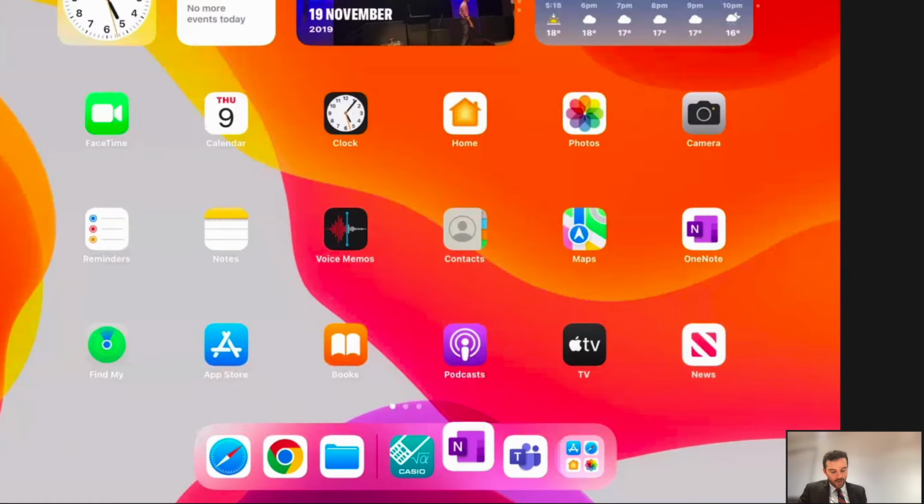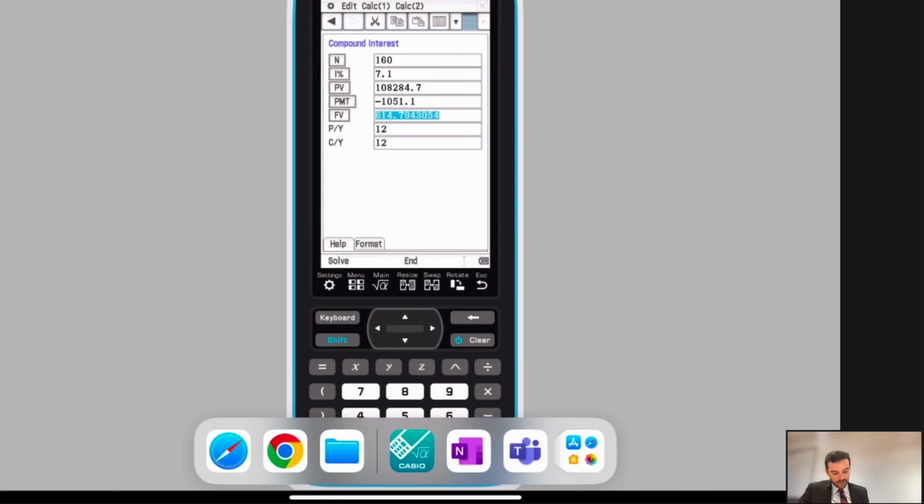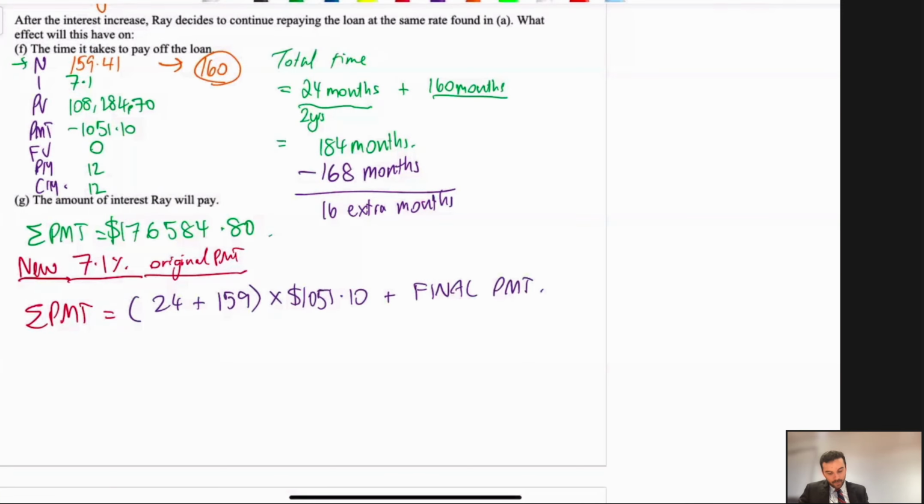To work out the final payment, go in here, and what we want to do is make that 160. Click FV, and he's overpaid by $614.79. So let's work out that final payment now.